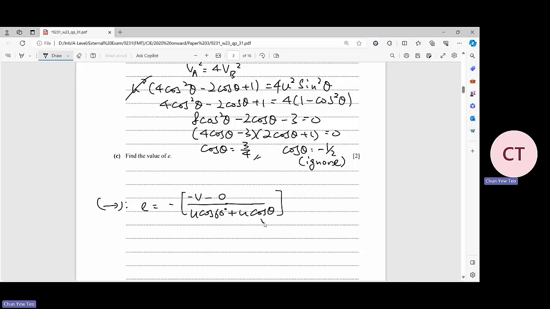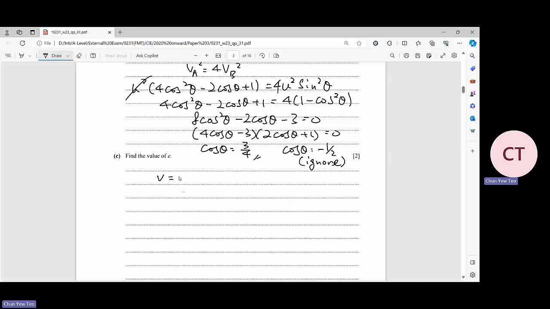So I already have cos theta because cos theta just now is 3 over 4, right? But I do not know the V yet. So over here, I cannot use this formula yet to find the E. I need to find the V first. So we just find the V first, then we can find the E.